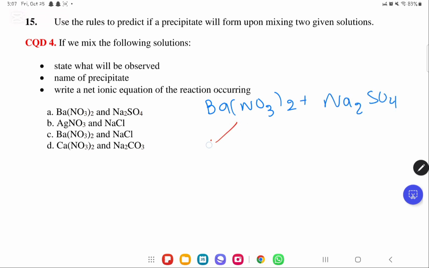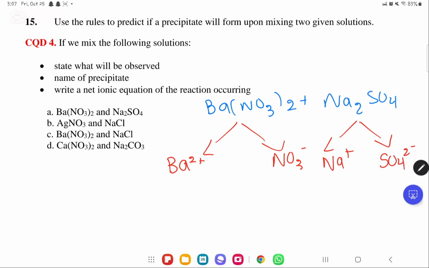Very first thing you're going to do is separate them into their ions. So you're going to get Ba2 plus, you're going to get NO3 minus, you're going to get Na plus and SO4 2 minus.